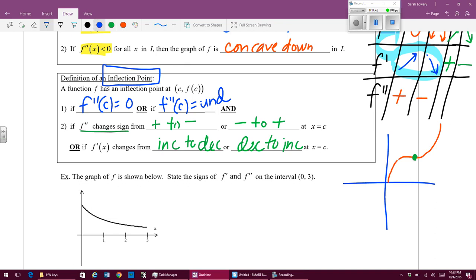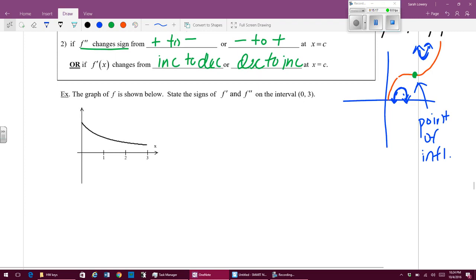For instance, if I look at this piece here, I can see that it has a concave down shape. And this piece right here has a concave up shape. But at the point where they change, we call that a point of inflection. Okay? So how do I use all of this stuff?